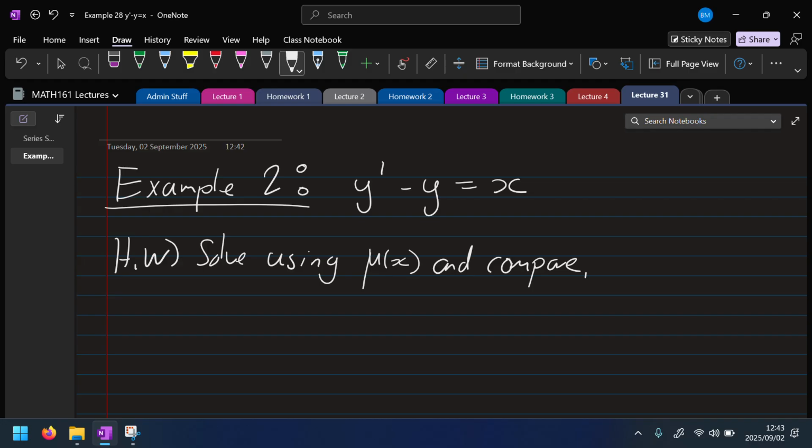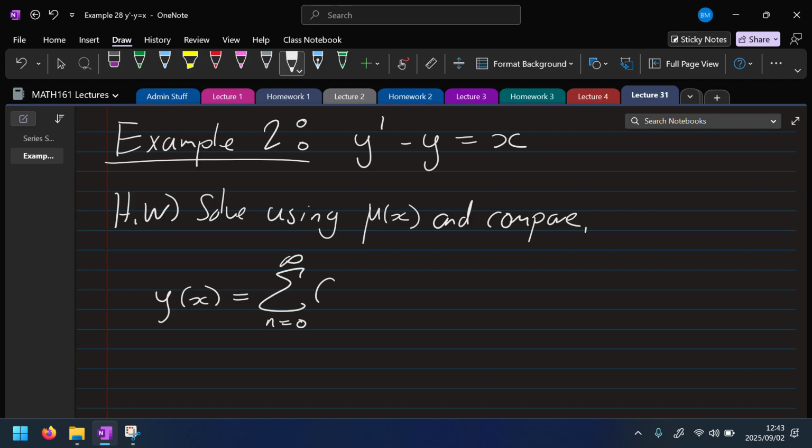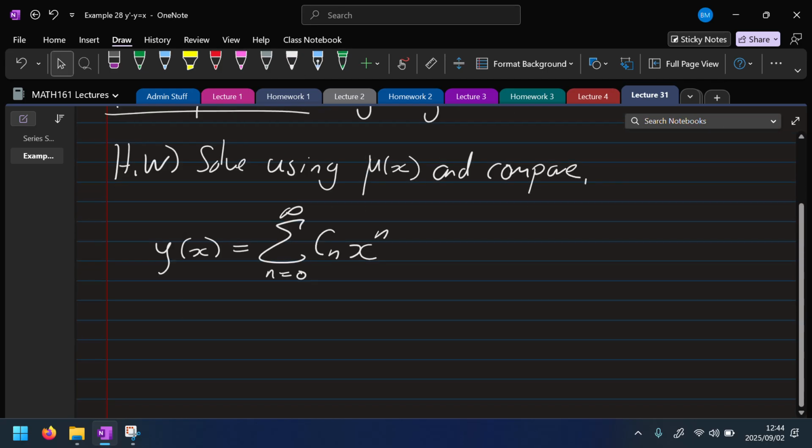So let's go through it. We assume a series solution. So we have y of x is equal to the sum, n goes from 0 to infinity, of some coefficients we don't know, Cn x to the n. So that's taking care of the y. Next, in the differential equation, we have y prime, so we have to do the first derivative.